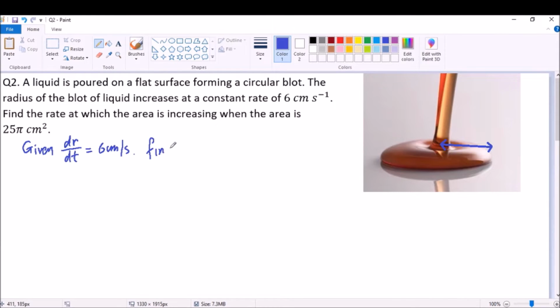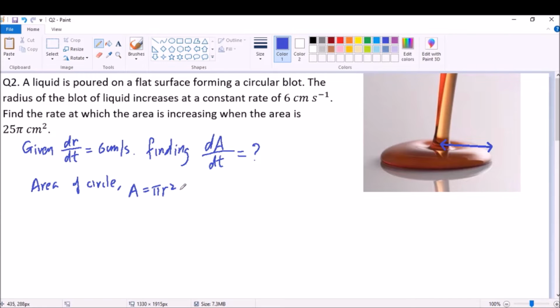We are finding the rate at which the area is increasing. So we are finding dA over dt, where A is the area of the circle. We know the area of a circle has a formula A equals pi r squared.